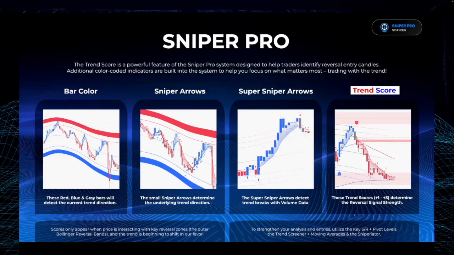And last but not least, in addition to all of this and some other back-end scores, you will then get your trend score. You will have a trend score ranging from +1, +2, and +3. The +1 is going to be the most common. +2 is a pretty good score.